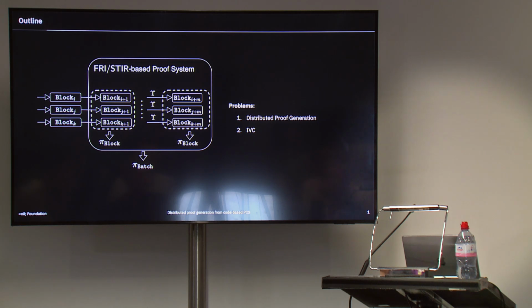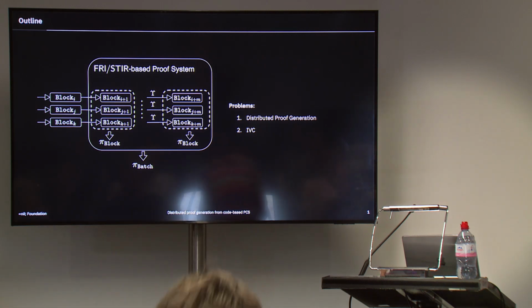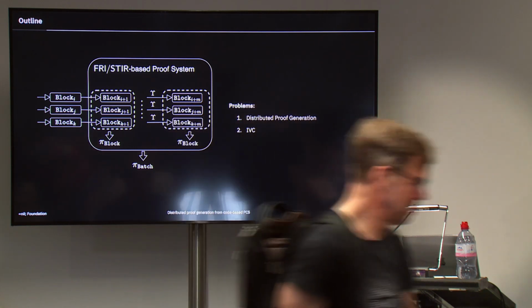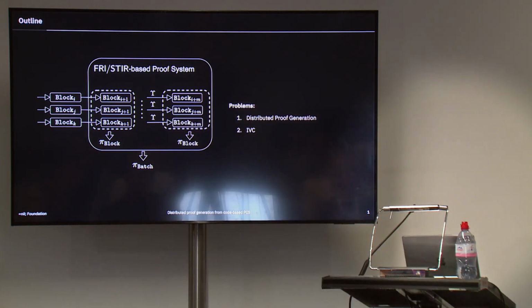State transition for each separate chain can be proven by a separate prover. And it means that we can think of this process like distributed proof generation. And conversely, if we want to obtain a single proof for a whole batch of blocks, we need to take into account the recursive nature of adding new blocks.